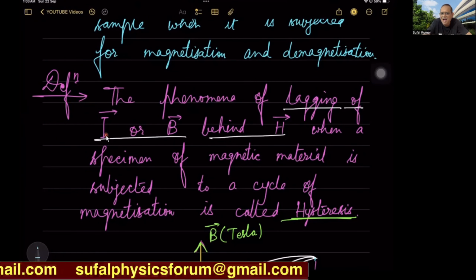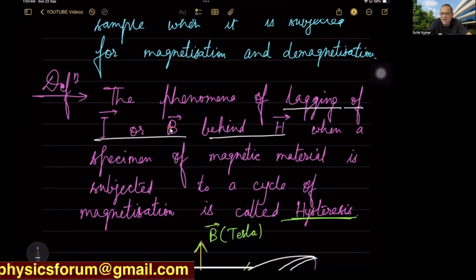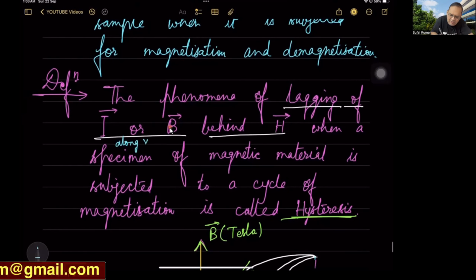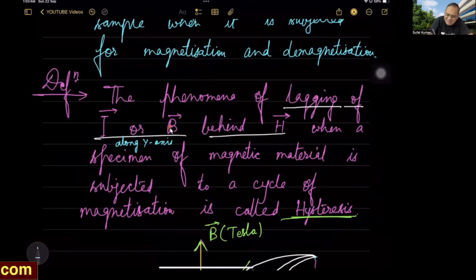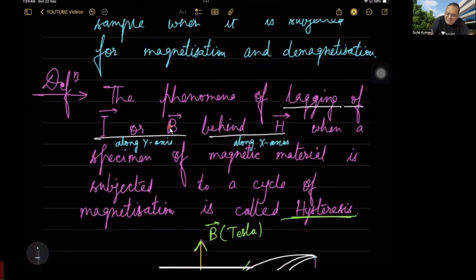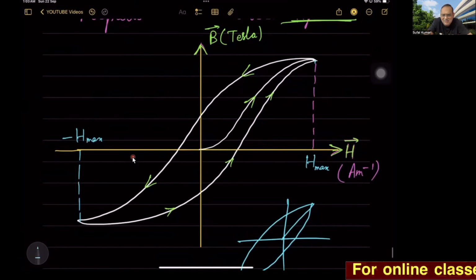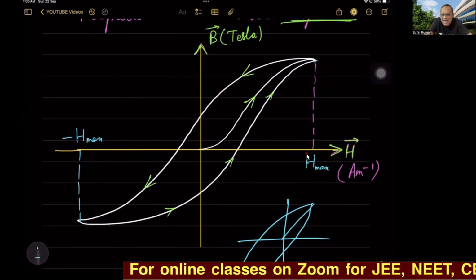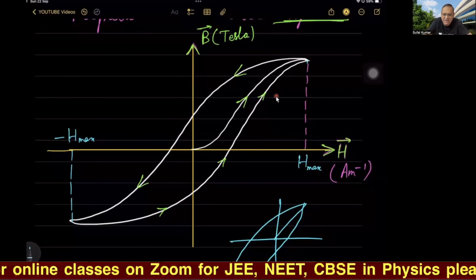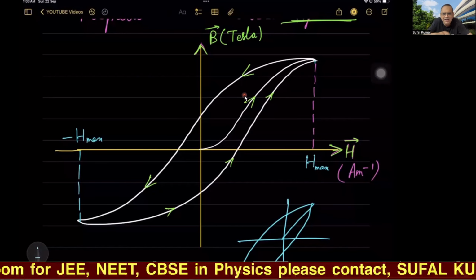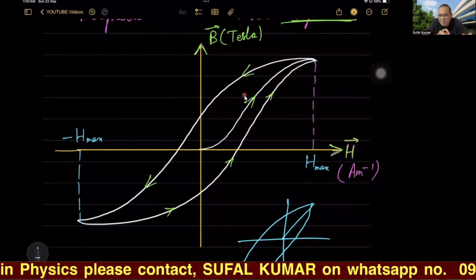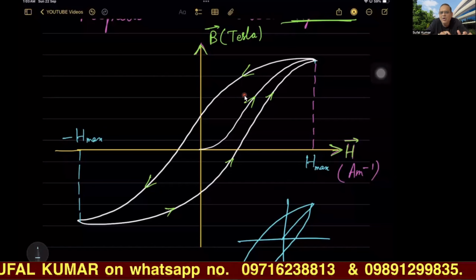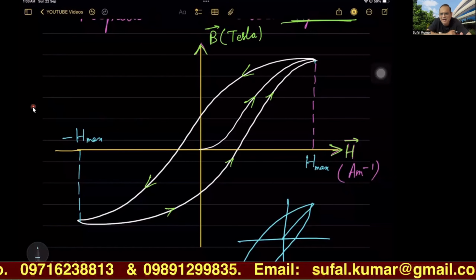Whether we consider I or B along the y axis and H along the x axis. So basically this whole graph is the graphical variation between B and H, magnetic field induction and magnetizing force or magnetic intensity, right?